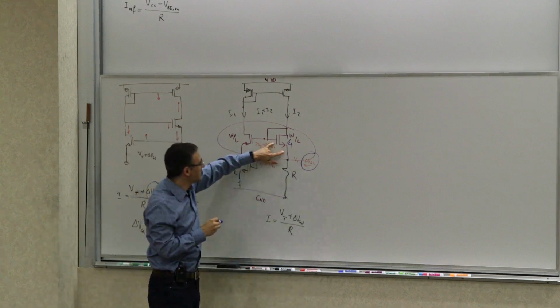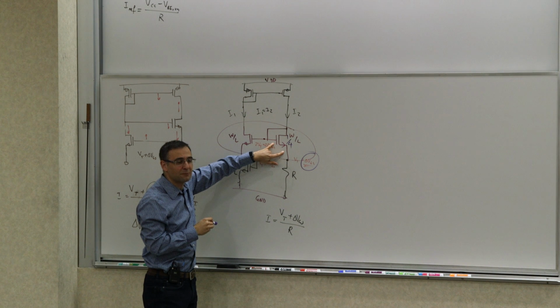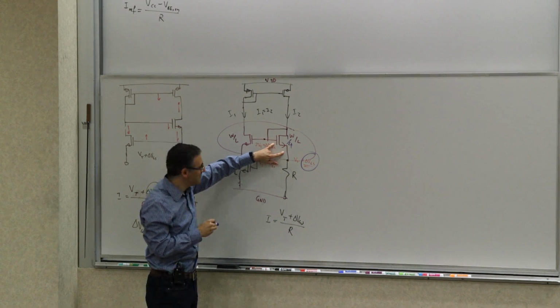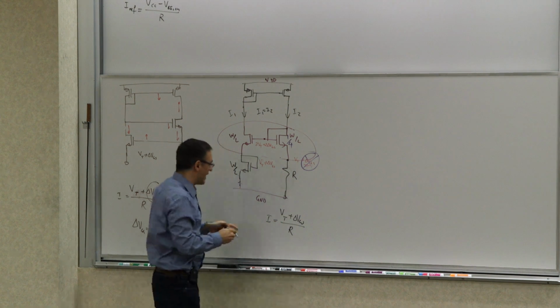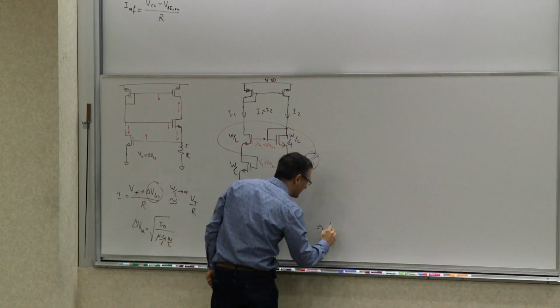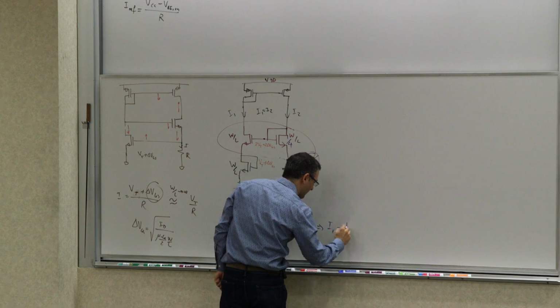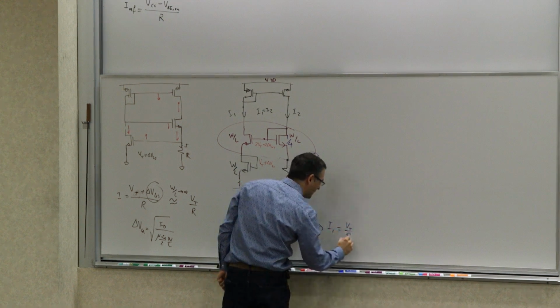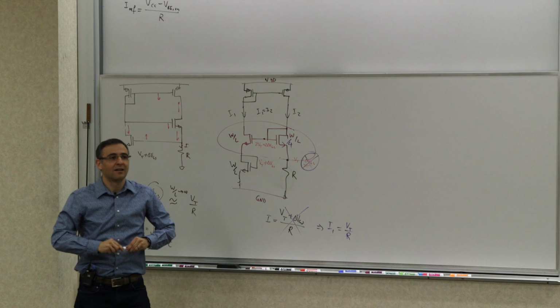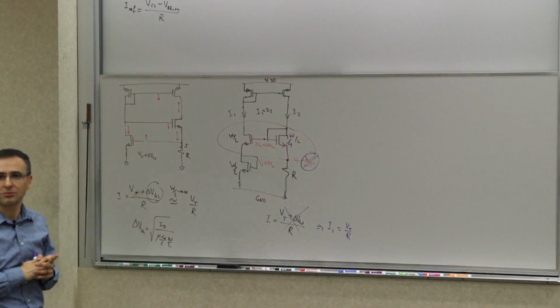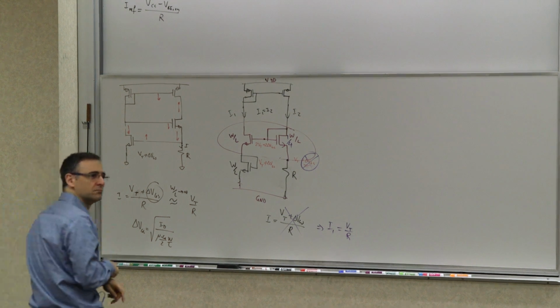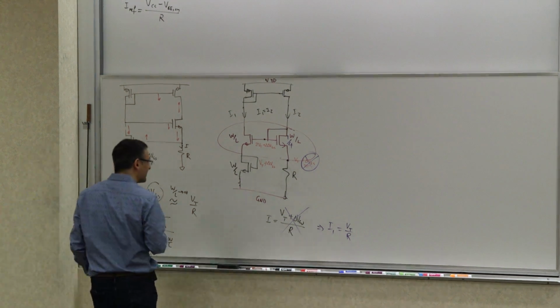What that does is it makes this drop across here Vt plus 2 delta VGS, which basically makes this go away. And this makes this exactly Vt over R. So you get rid of that delta VGS overdrive systematically, not by just making W over L huge. Make sense?